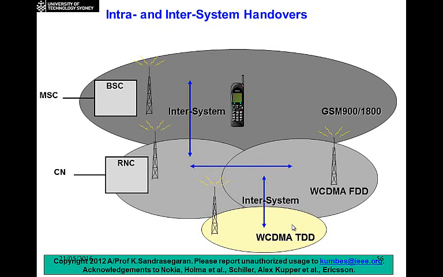And the next type of handover that you could have is intra-system handover. So that's within the same system. So here we're talking about a handover that's occurring between two cells within the wideband CDMA FDD system, or it could also be a handover that is taking place between two cells in the wideband CDMA TDD system.